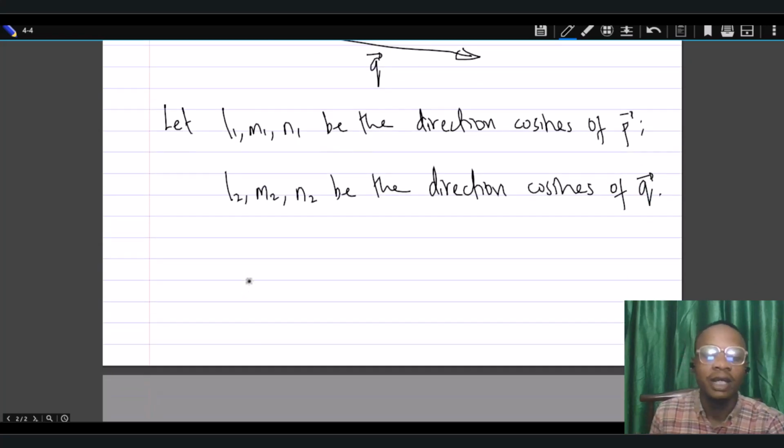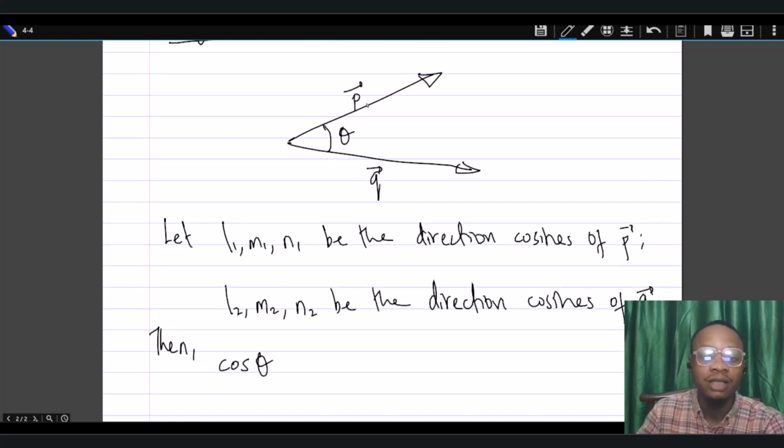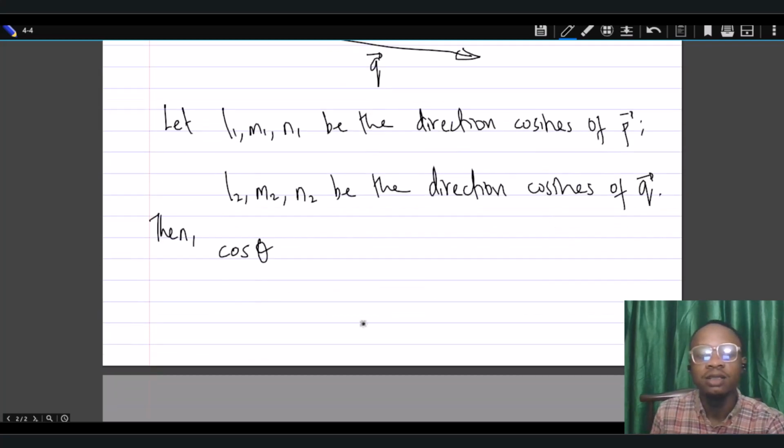Then it follows that the cosine of the angle between them, which we have called theta, is given by the sum of these products: L1 L2 plus M1 M2 plus N1 N2.